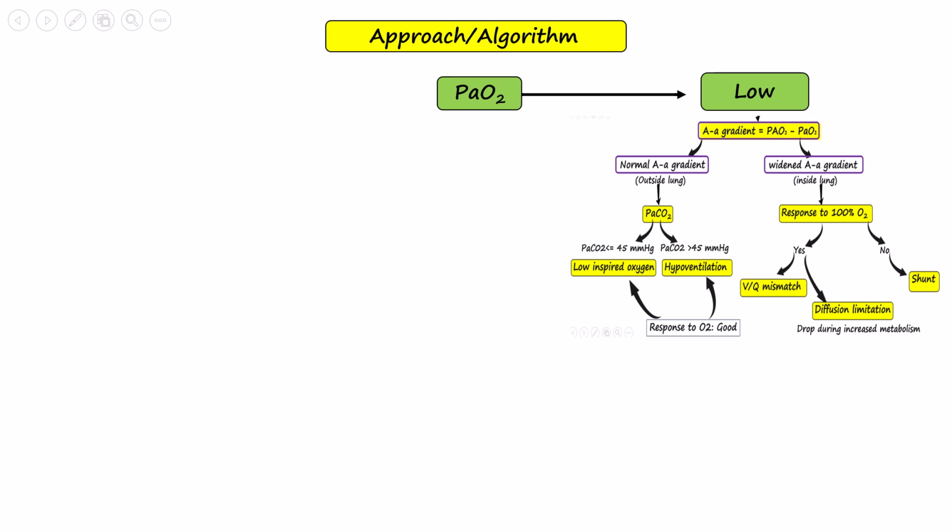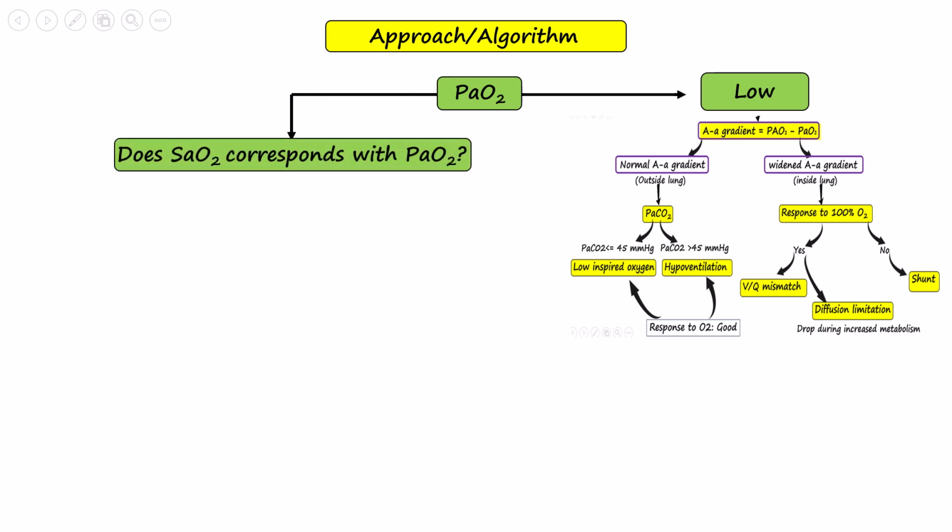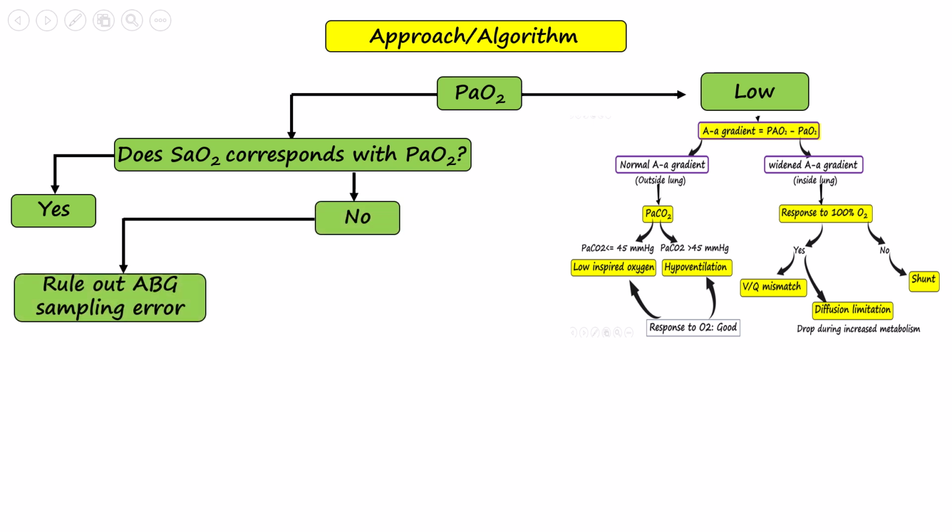Next, we need to verify whether the SaO2 values correspond appropriately with the measured PaO2 levels using the oxyhemoglobin dissociation curve as our guide. If the SaO2 and PaO2 values match, the cause most likely stems from impaired oxygen transfer in the lungs. If they do not match, we must consider the various factors that can disrupt their normal relationship as previously discussed.